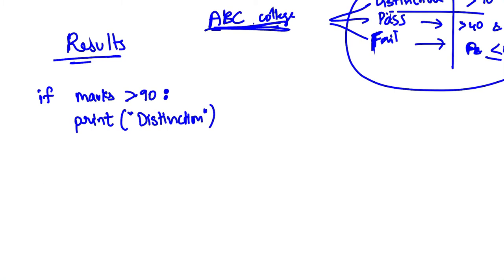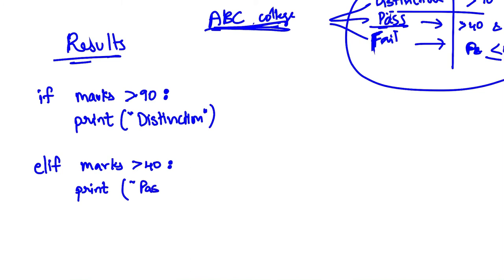The second one is elif marks is greater than 40, print pass.